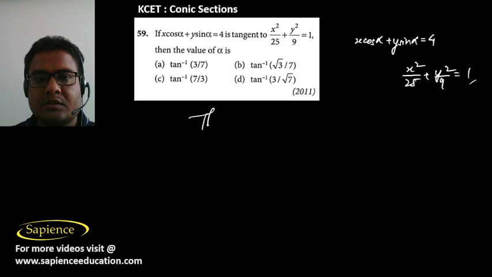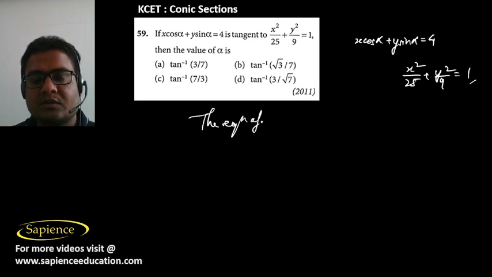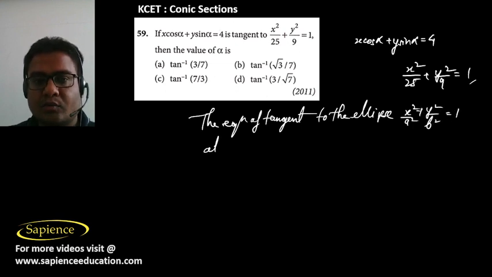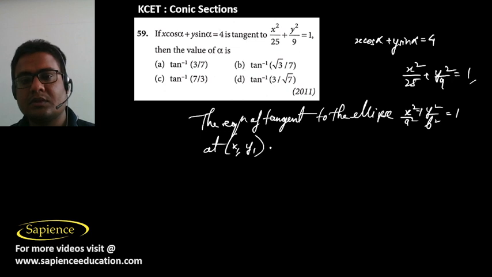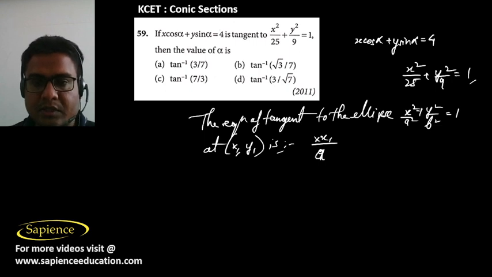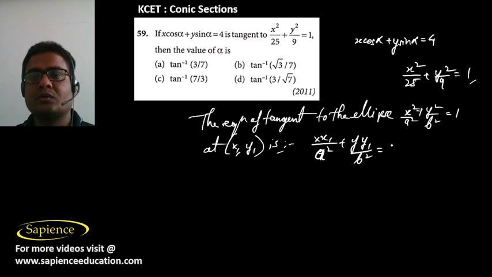So we know that the equation of the tangent to the ellipse x square by a square plus y square by b square equal to 1 at the point x1 comma y1 is given as x x1 by a square plus y y1 by b square equal to 1.